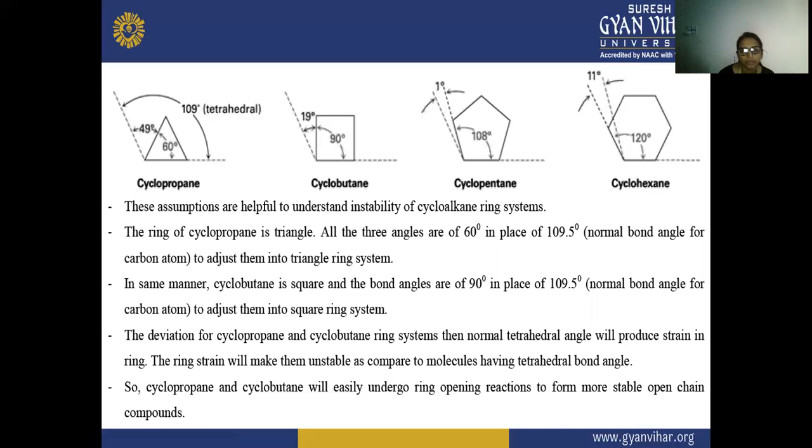The ring of cyclopropane is a triangle, so this cyclopropane is of triangle shape.